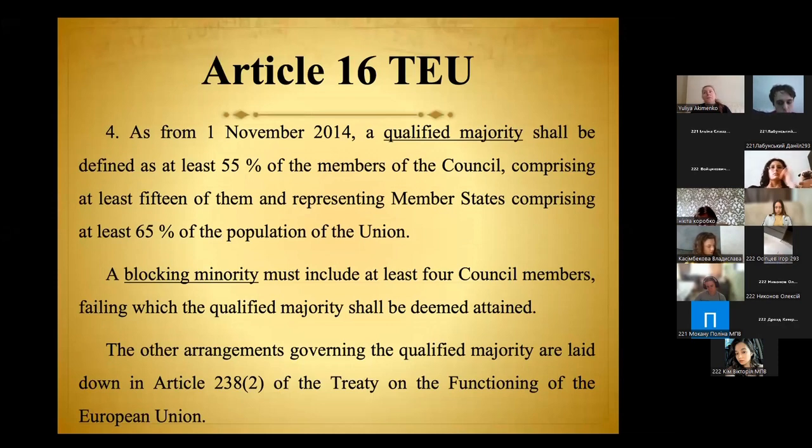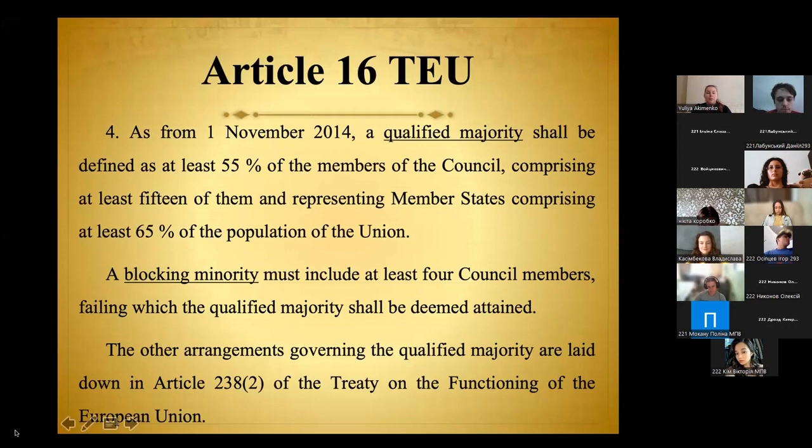So this term qualified majority and the decision-making process in the European Union takes a lot of time, and please once again remember that the European Union came from total agreement, absolute majority, to qualified majority, and it took a lot of time, from 1957 to 2014, to gain this goal. Blocking minority.